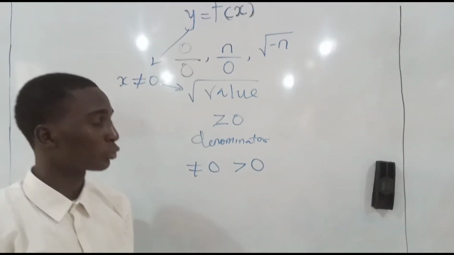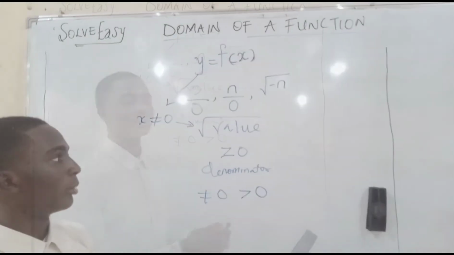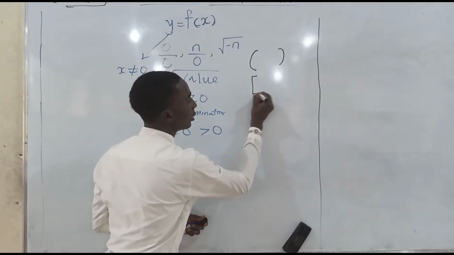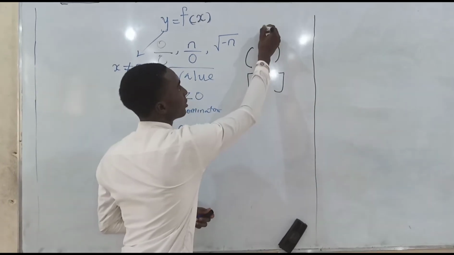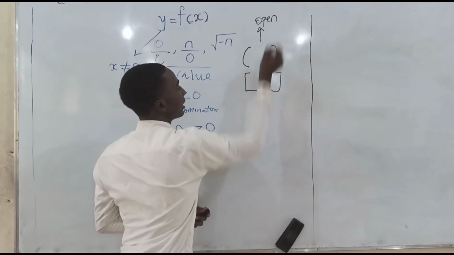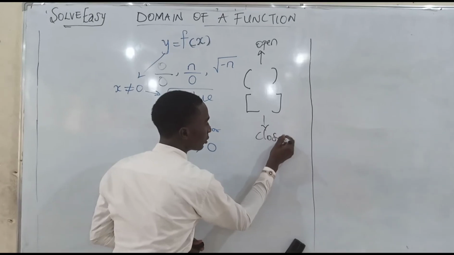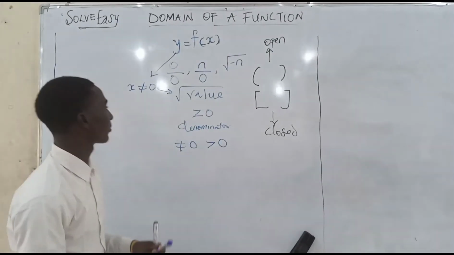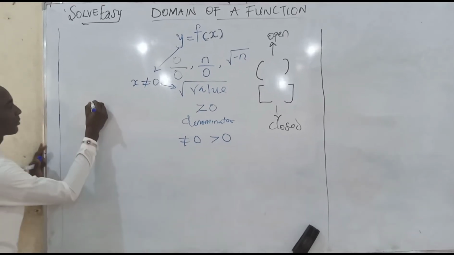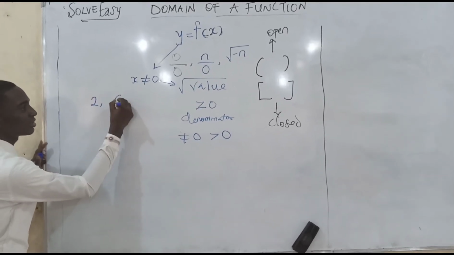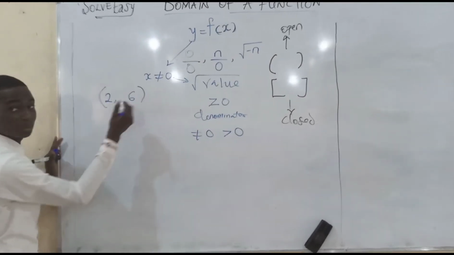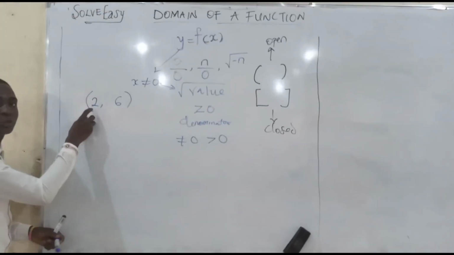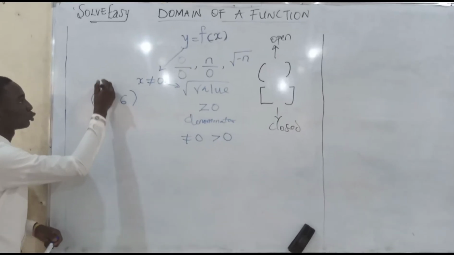Now, also what I want us to get today is the open bracket and the closed bracket. Remember, this is an open bracket and this is a closed bracket. Now, for an open bracket, if I'm having 2 here and I'm having 6 in an open bracket, this simply means that the value here didn't start from 2.